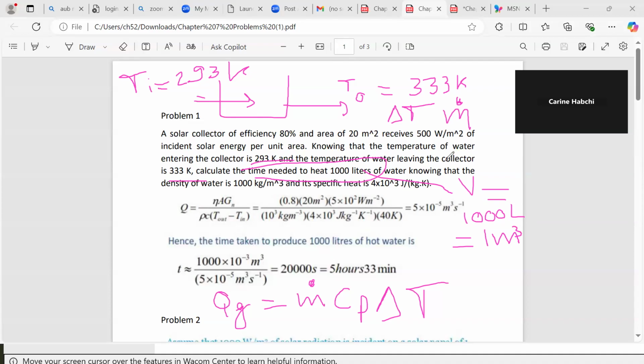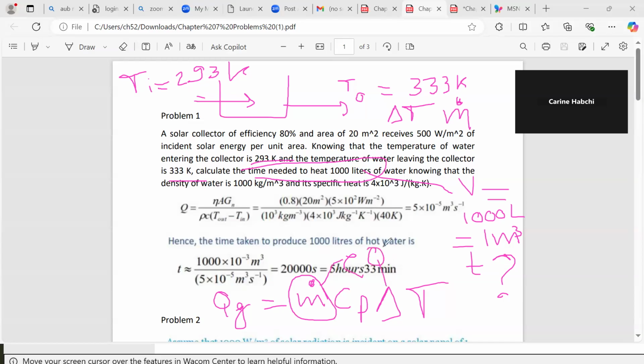So to be able to find the time T, what do we need to calculate here? Yes, we need to calculate the time needed to heat this amount of water. Yes, m dot represents what? The mass flow rate in kilogram per second. It's equal to rho times Q, the volumetric rate.